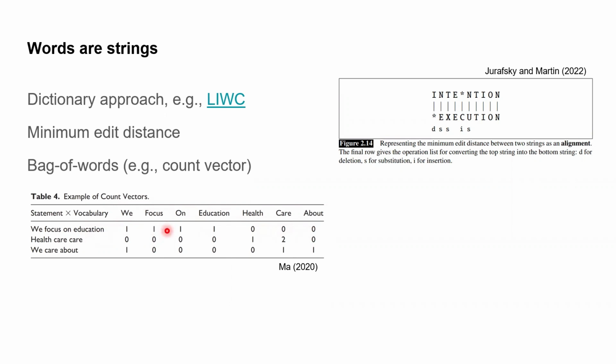Then you will see I have a vector. This is my vector, right? Then it became a vector. I vectorized this sentence using this vocabulary.